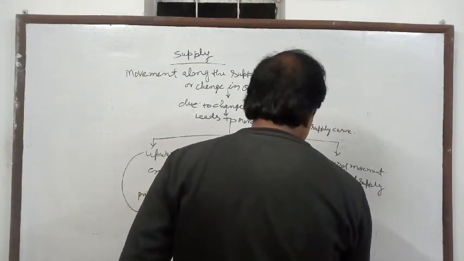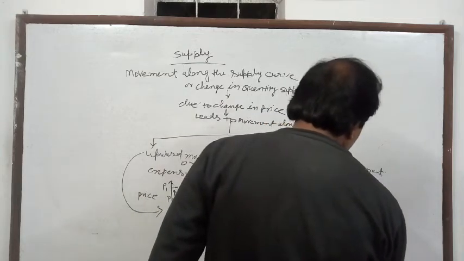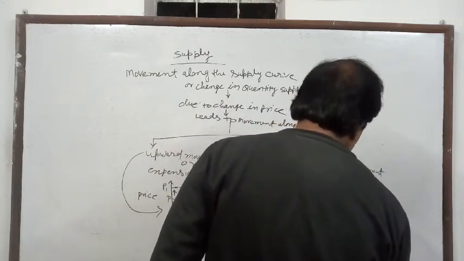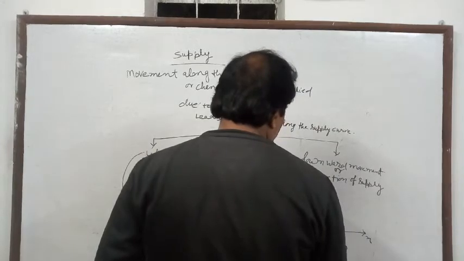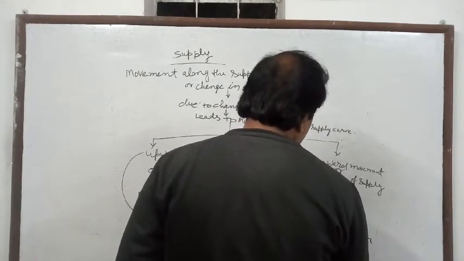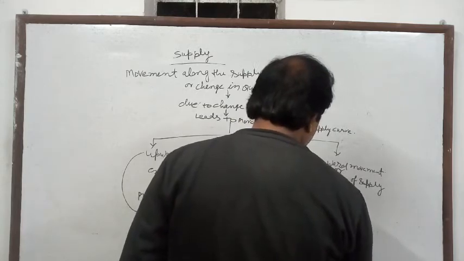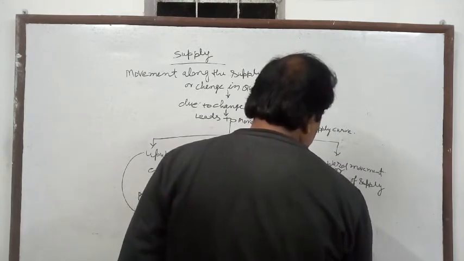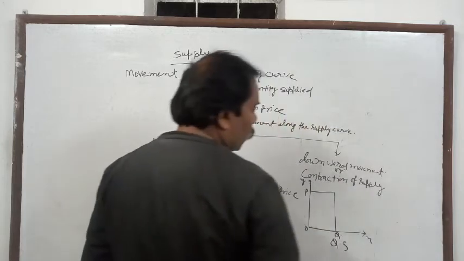On the y-axis is the price, and on the x-axis is the quantity supply. Suppose the initial price is OP and initial quantity supply is OQ.